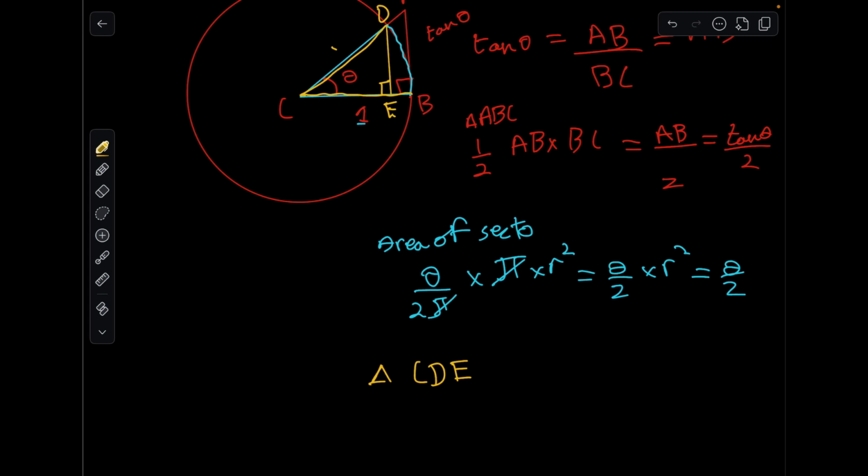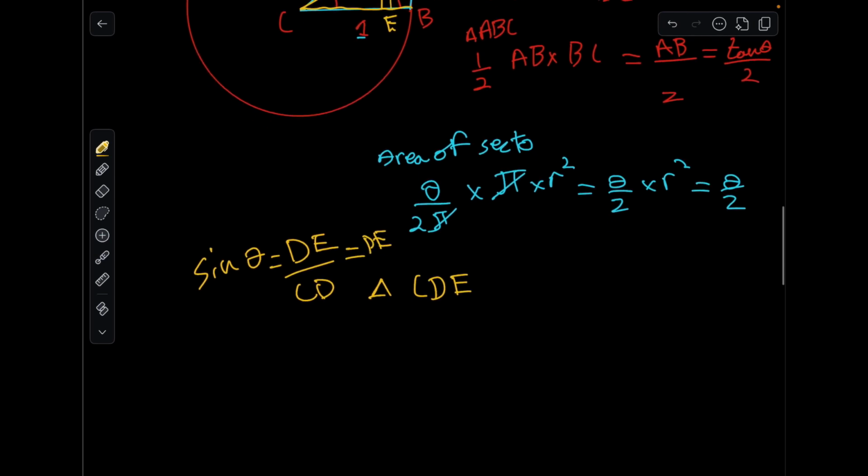So we can say that sine theta is DE divided by CD, which is equal to DE because CD is 1.